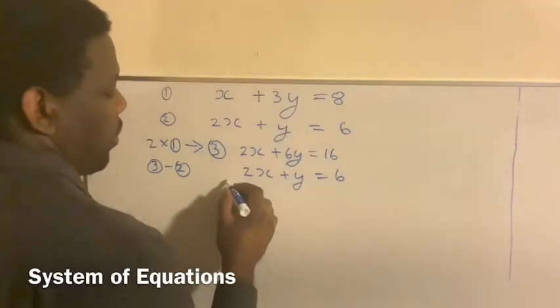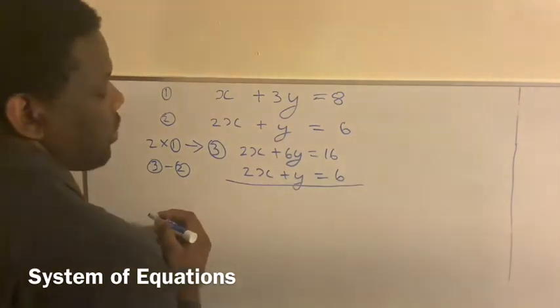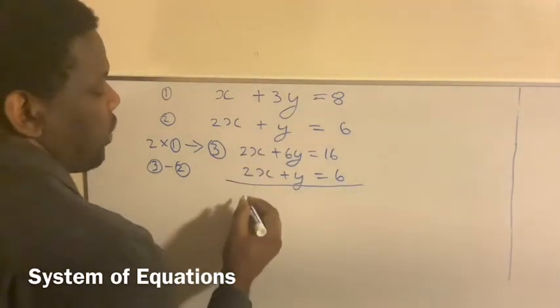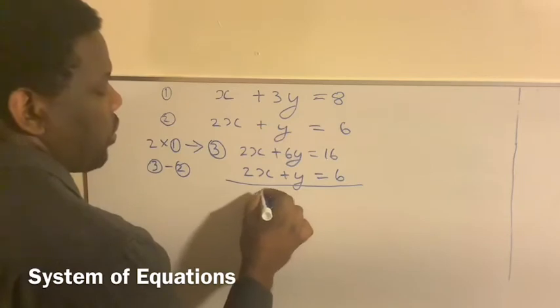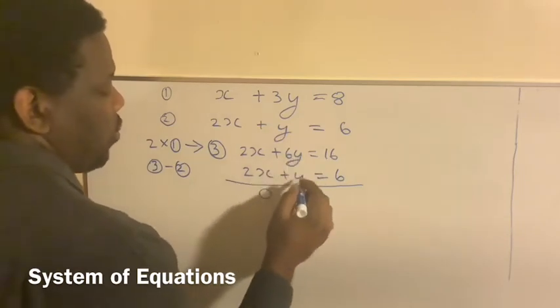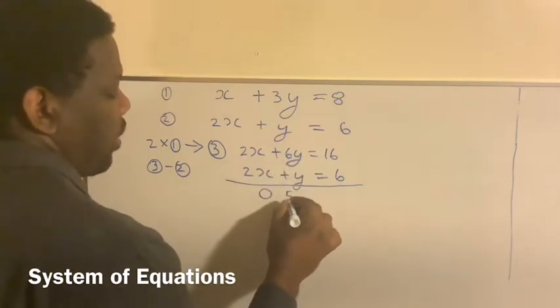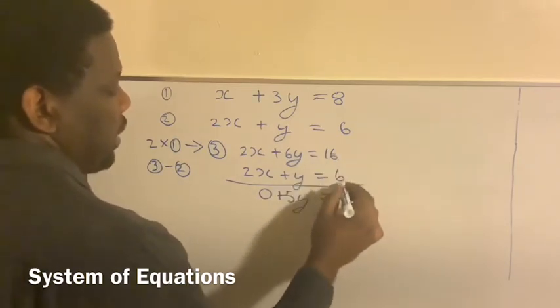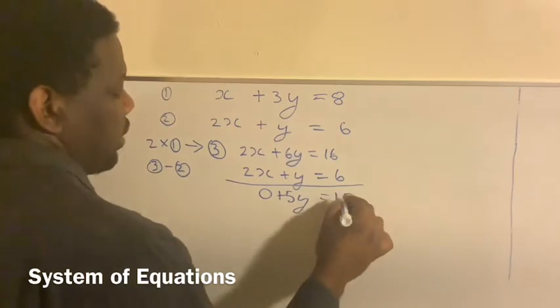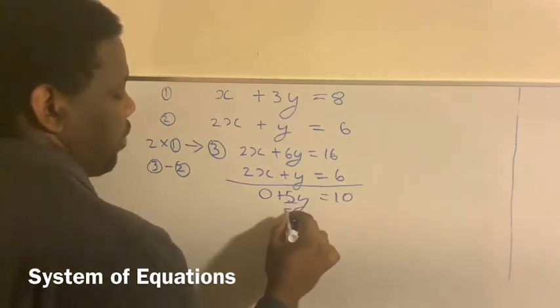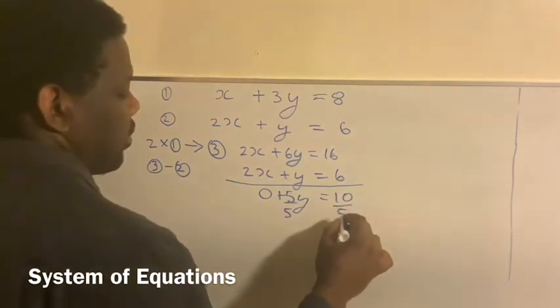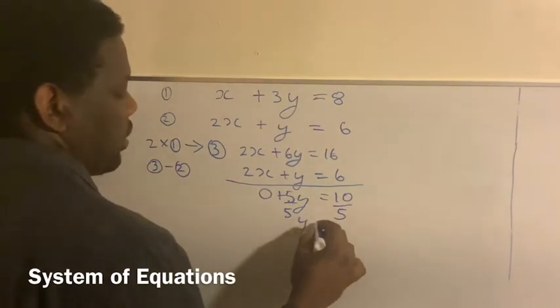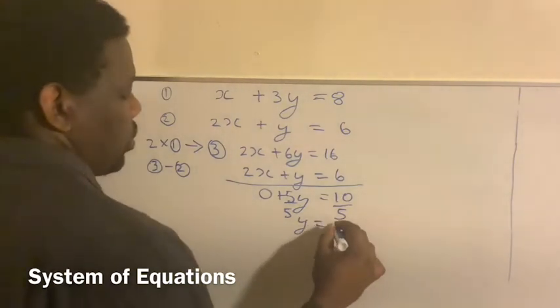And let's subtract them. 2x subtract 2x is equal to 0. 6y subtract y is equal to 5y. 16 take away 6 is equal to 10. And if we divide by 5 on each side, y is equal to 2.